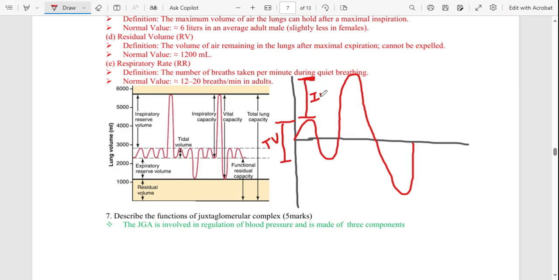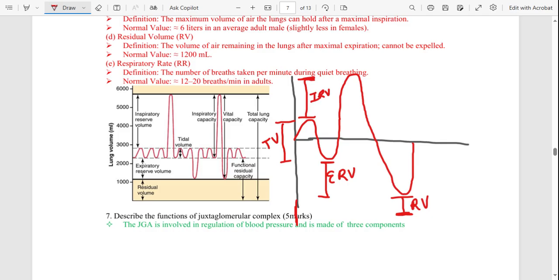The amount of air that you can forcefully breathe out is known as the expiratory reserve volume. The thing is this: even if you forcibly breathe out, there is always some air that remains in the lungs. Not all the air is going to be removed, and we call that the residual volume.